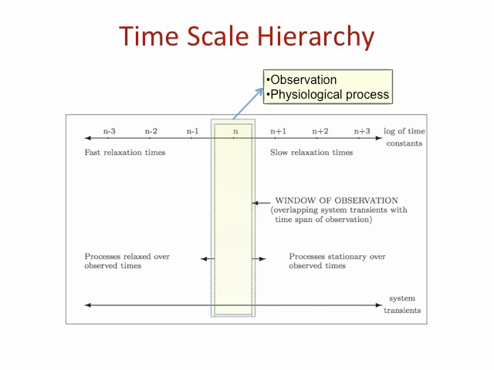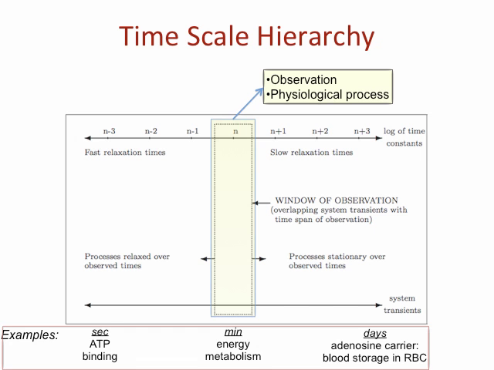We may be only interested in a part of this spectrum where we are observing a process or where the physiology takes place, and anything that's too fast relative to this timescale window, we can relax, and everything that is too slow, we can keep at a steady state. And some examples of that are shown here based on the example that I just gave.